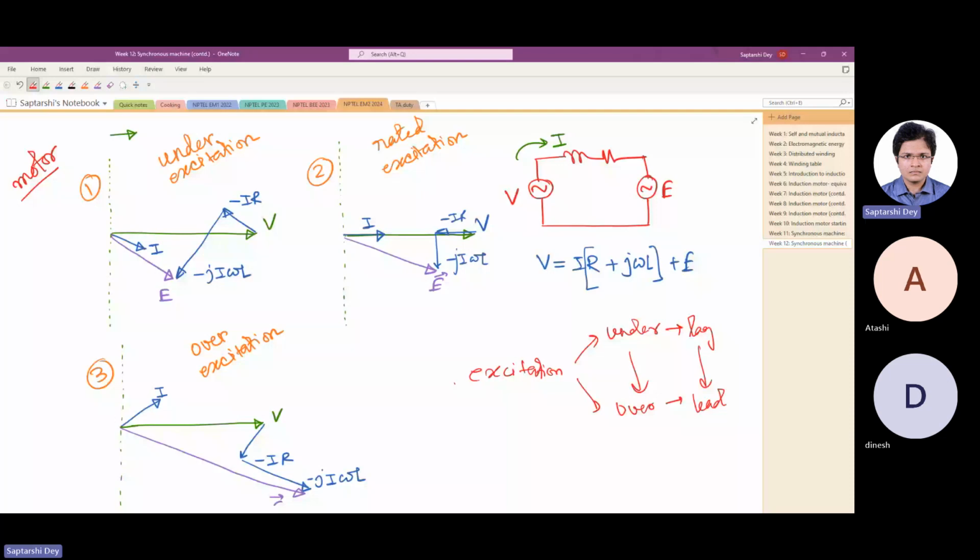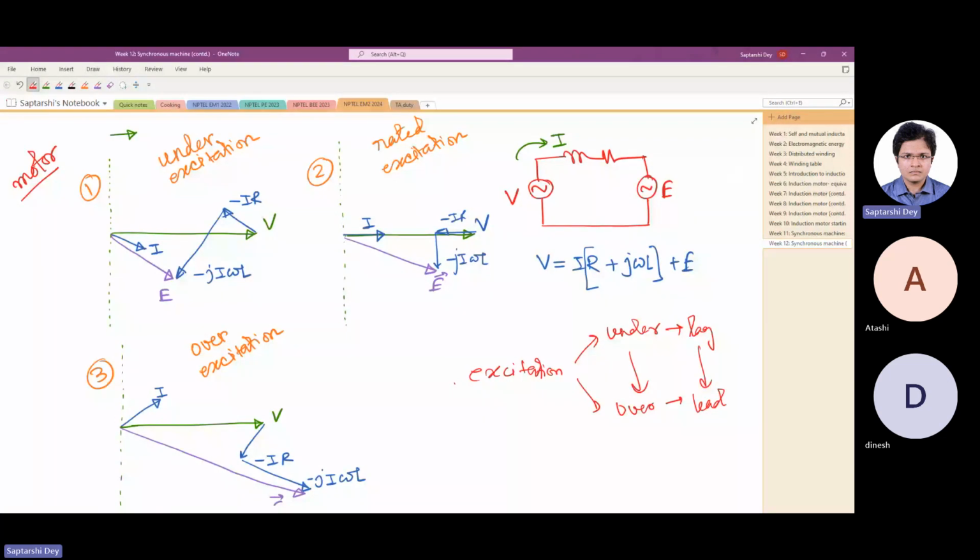And we also discussed the synchronous condenser, that is nothing but an overexcited synchronous generator, which, as the name suggests, acts like a capacitor, and it supplies reactive power locally.